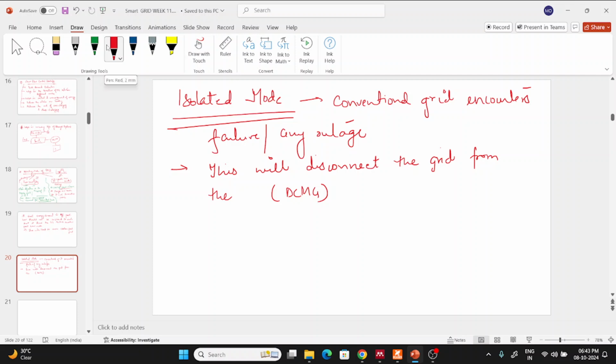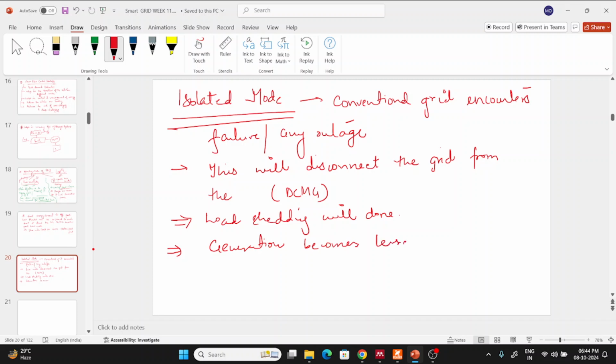So what happens here is that load shedding will be done. Okay. And in this mode, generation becomes lesser than load demand.